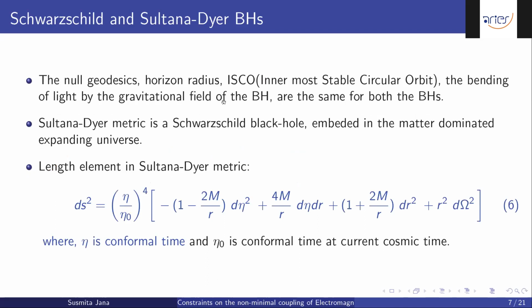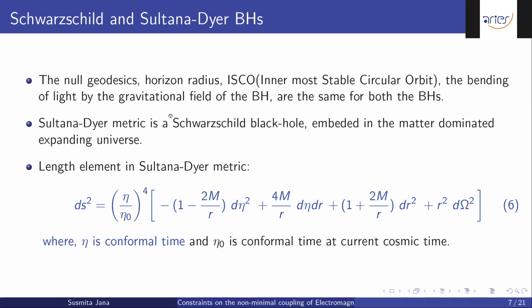Now here I have shown the line element in the Sultana-Dyer metric. Here eta represents the conformal time, and eta 0 represents the conformal time at the current cosmic time. This metric is very similar to the Schwarzschild black hole. The Sultana-Dyer black hole has the same null geodesics, the same horizon radius, the same ISCO, etc., exactly equal to the Schwarzschild black hole.